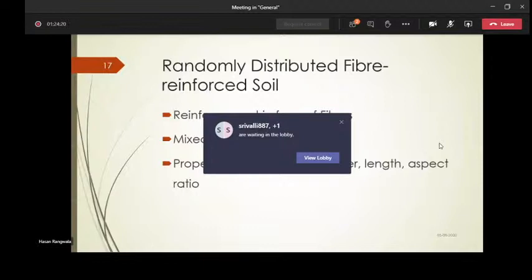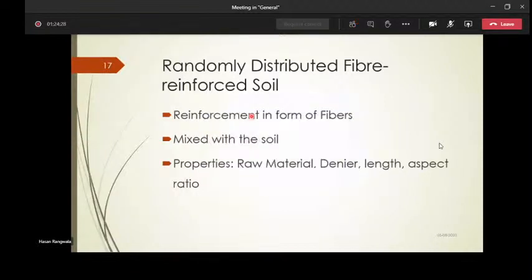So what are the properties that I have to see? Probably the raw material, say for coir, I have to see the raw material. I have to also see the type of soil for which I'm doing the ground improvement.